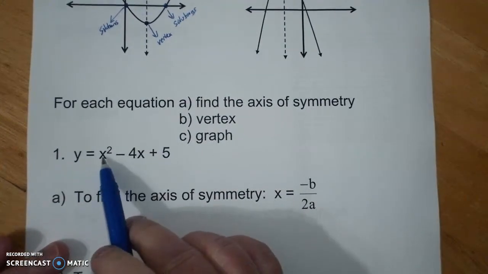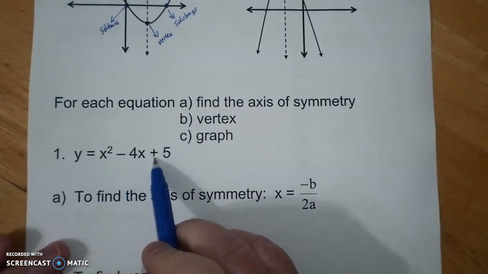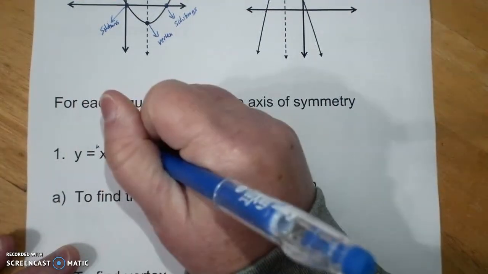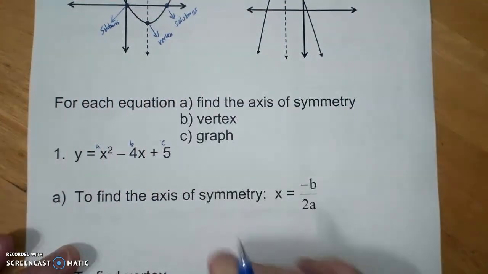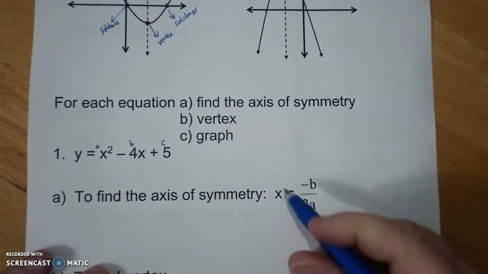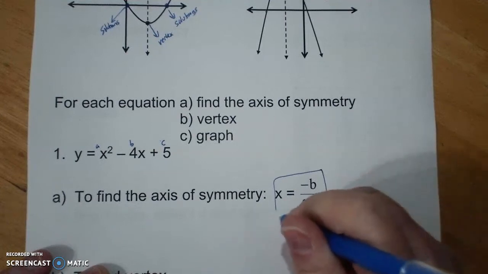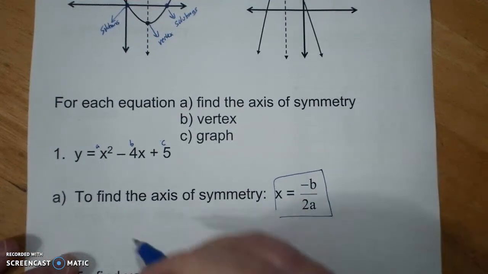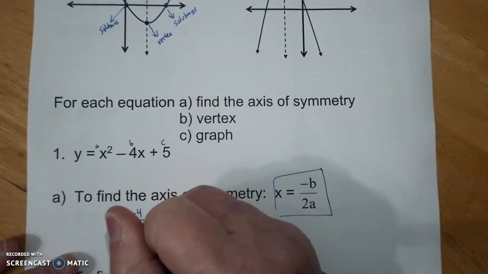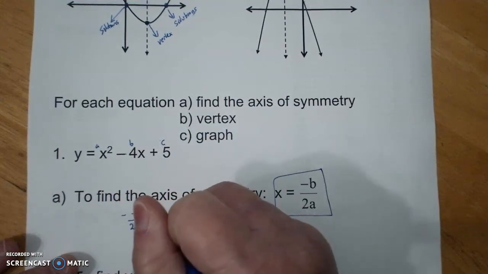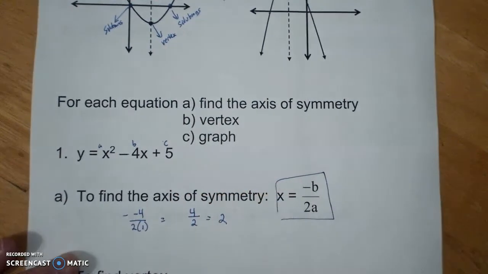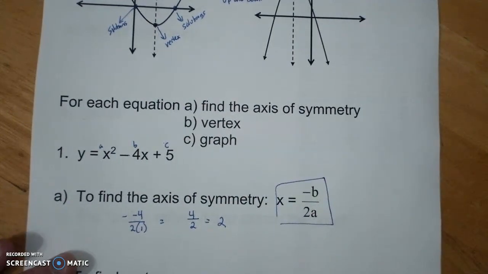So if I have x squared minus 4x plus 5, you already know that this is A, this is B, and this is C. And to find the axis of symmetry, there is a formula: opposite of B over 2A. So opposite of B over 2A, which is 4 over 2, which is 2. Okay?